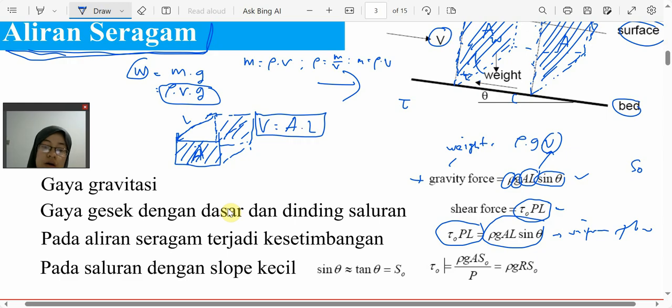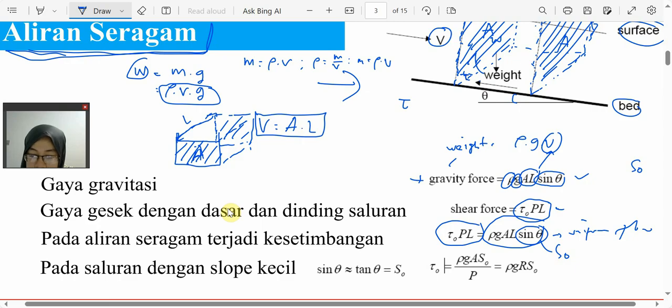We neglect the difference between sin and tan because theta is really small, almost flat, so we can say it equals the slope of the channel itself. So if we use S0 for sin theta, we end up with these equations.